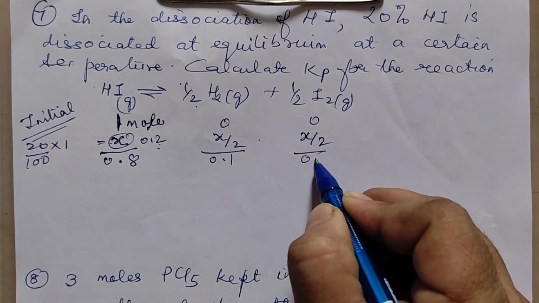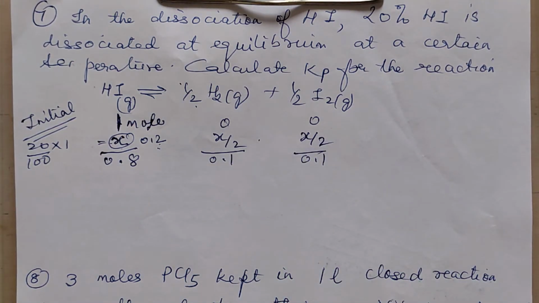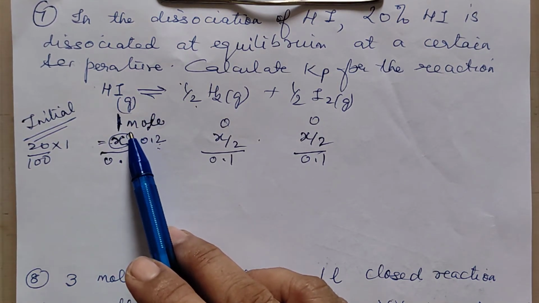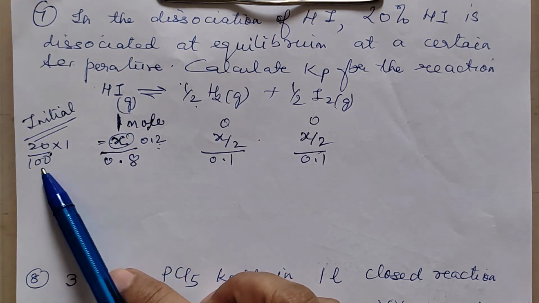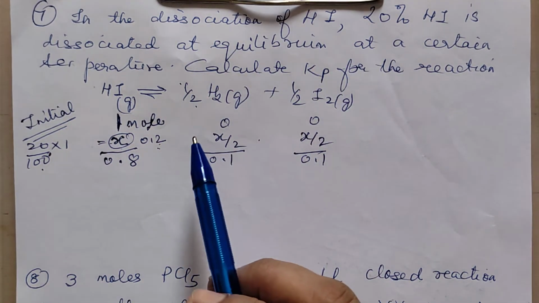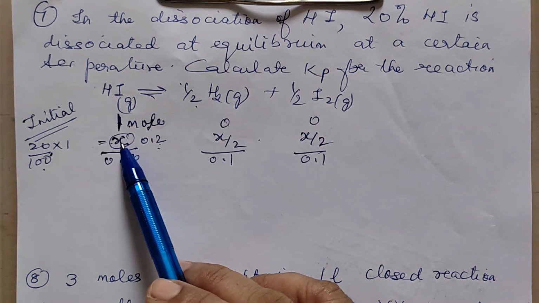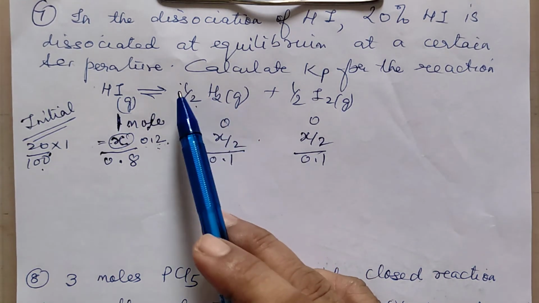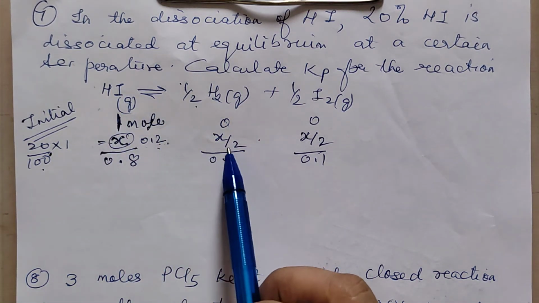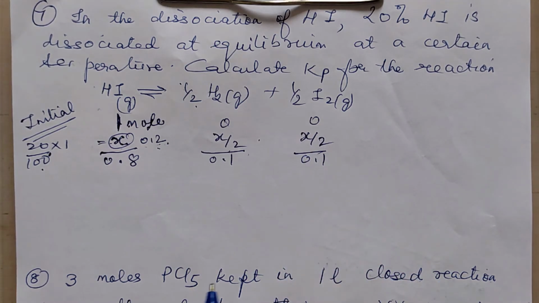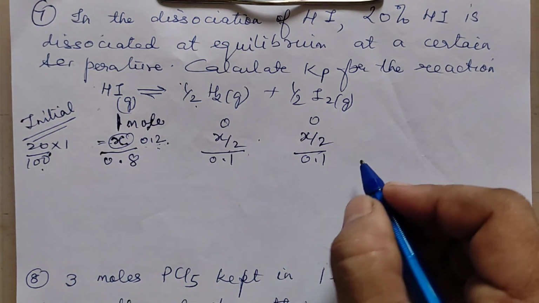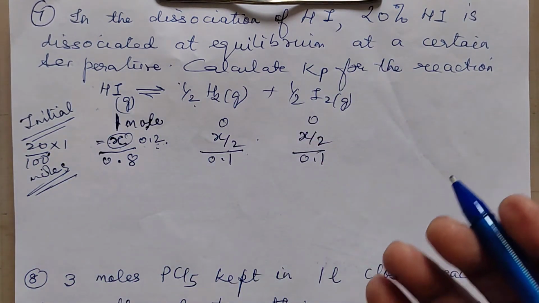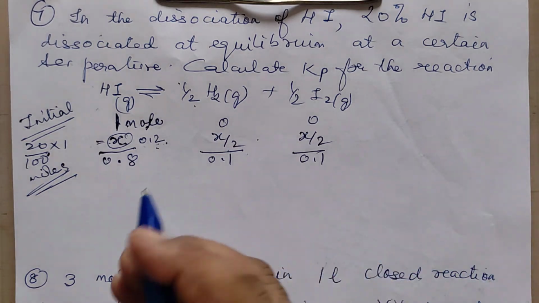This also is 0.1. I hope this point is clear. Initial was 1 mole. We have assumed the initial to be 1 mole. Of that 1 mole, 20% has reacted. They have given in the question. So 0.2 has reacted, and this formed should be half of this. So X by 2 is formed. X by 2 means 0.1. This is in terms of moles throughout. And now we are asked to calculate Kc.